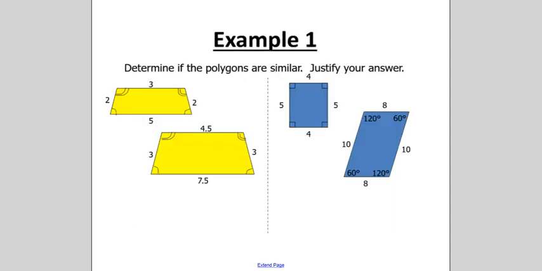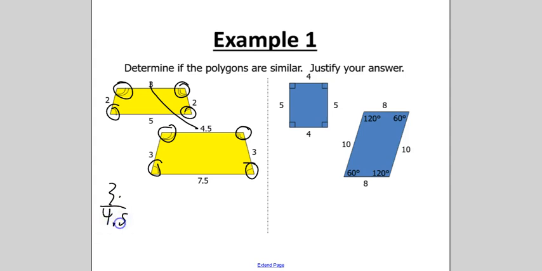All right, determine if these are similar. Justify your answer. Well, this angle is the same, this angle is the same, this one's the same, and that one's the same. So we have congruent angles. Now we have to see if the sides are proportional. So we have to test 3 and 4.5. We have to test 2 and 3. And we have to test 5 and 7.5.